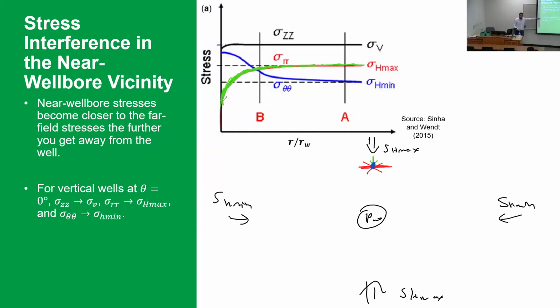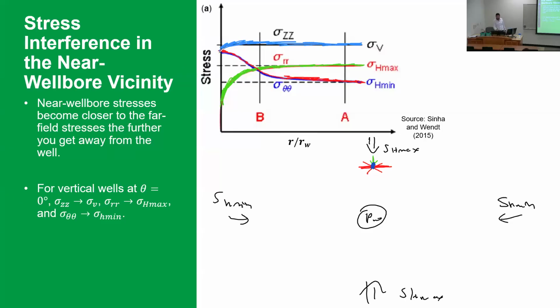It's in the direction of SH min, right? So the hoop stress becomes eventually equal to sigma H min. This graph is for theta equals 0. I have the other one coming later.